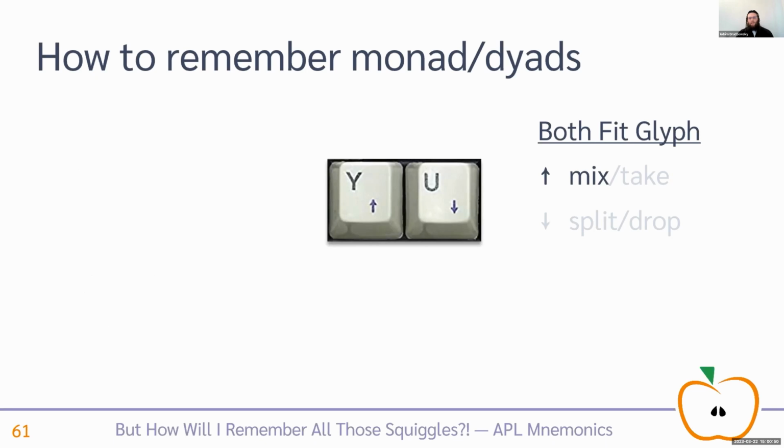Okay, what about the monadic forms of them? They're a little bit more involved. The monadic up arrow we call mix. Here we have a list of two lists. And mixing makes them into a matrix. What happened? We had an outer axis. The rank is 1 in this array. The overall array is just a list.